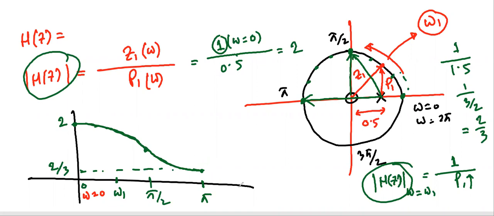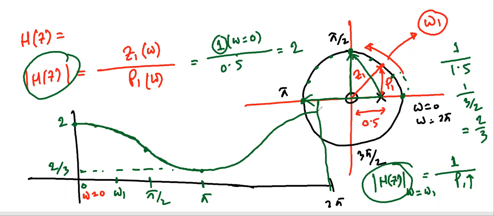And you can definitely replicate the whole thing up to twice pi, and it looks the same. Of course, the magnitude will be 2 again at some point. Okay, so we need to consider up to this. That is enough to understand the filter.